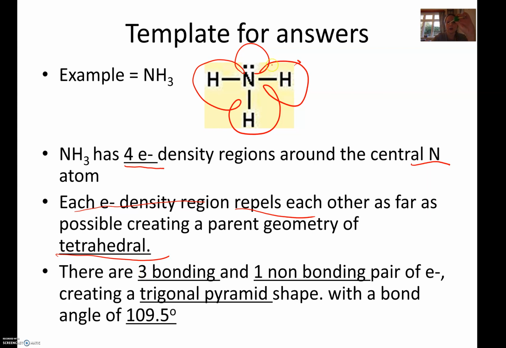There are 3 bonding, 1, 2, 3, and 1 non-bonding pair of electrons, and that means the shape is trigonal pyramid. It has a bond angle of 109, which comes from that parent geometry of tetrahedral. I hope that makes sense. You have to practice it a fair few times to get into the swing of this, and then it becomes second nature. I'm trying to teach you best practice to get top marks from the very beginning.